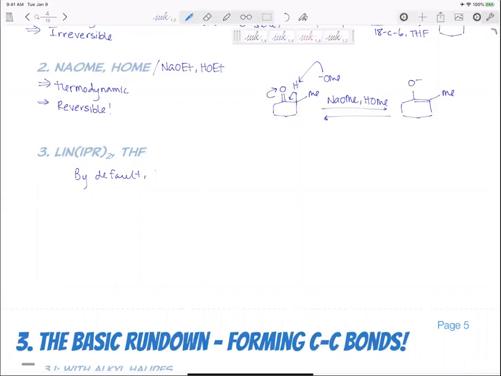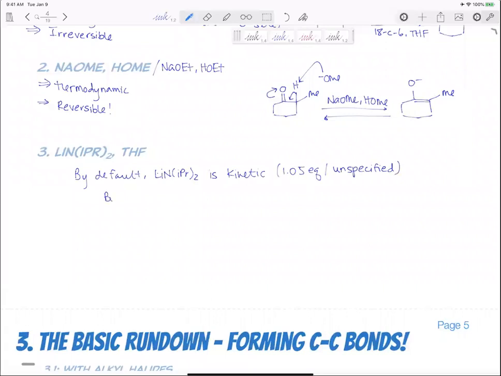Kinetic or thermodynamic? Yeah, exactly. It's kinetic. So if you don't see equivalents specified, or if you see 1.05 equiv or unspecified, it's going to be a kinetic base.